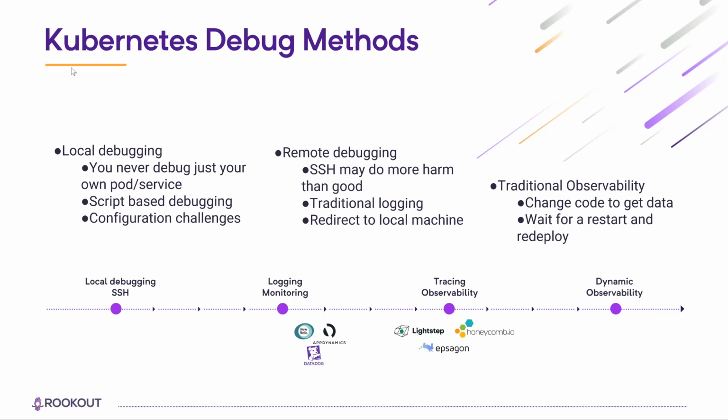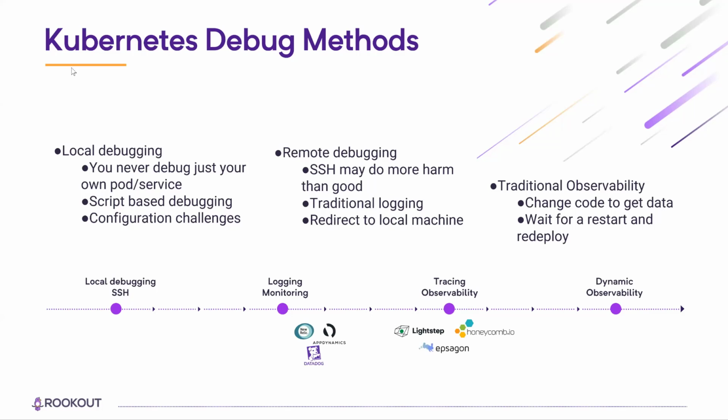Logging has evolved into observability, and traditional observability tools do have their limitation as well. The main one is that in order to get an additional log line, in order to get an additional data point, you have to add code. You have to change code.